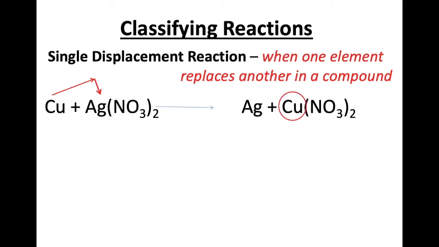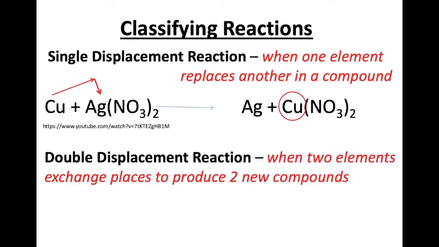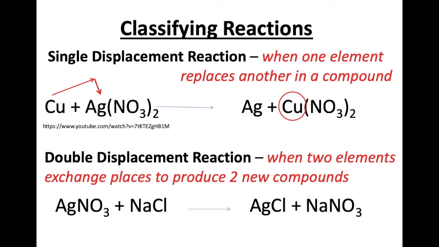Our next type of classifying reaction is a double displacement reaction. This is when two elements exchange places to produce two new compounds. So here you can see when you have silver nitrate plus salt, you can see the Cl switching places with the nitrate.